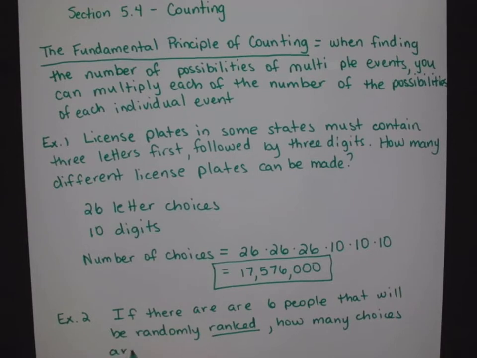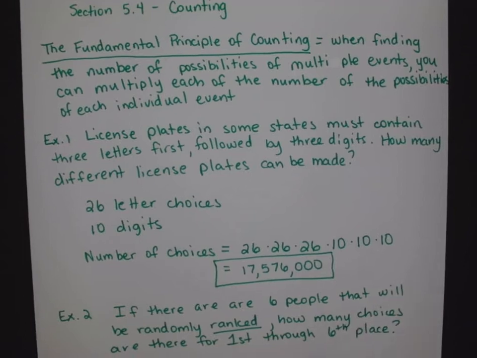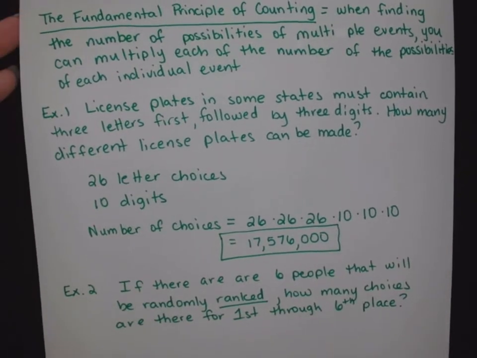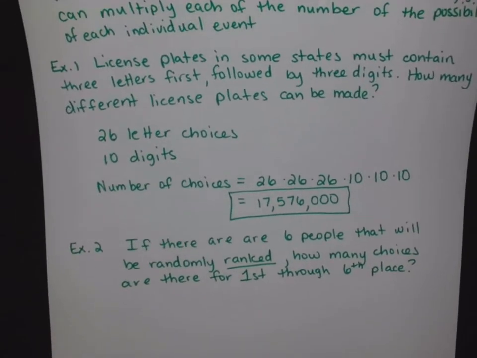And the important thing is that we are ranking them, so it would matter what order they were in. So we're going to look at some things today, but you want to pay particular attention to scenarios where order matters versus where order doesn't matter, because our methods for calculating will be different.